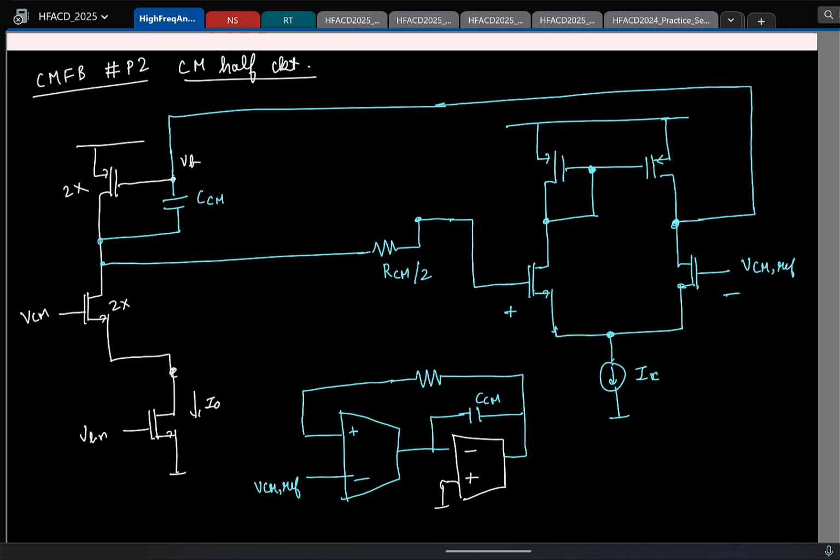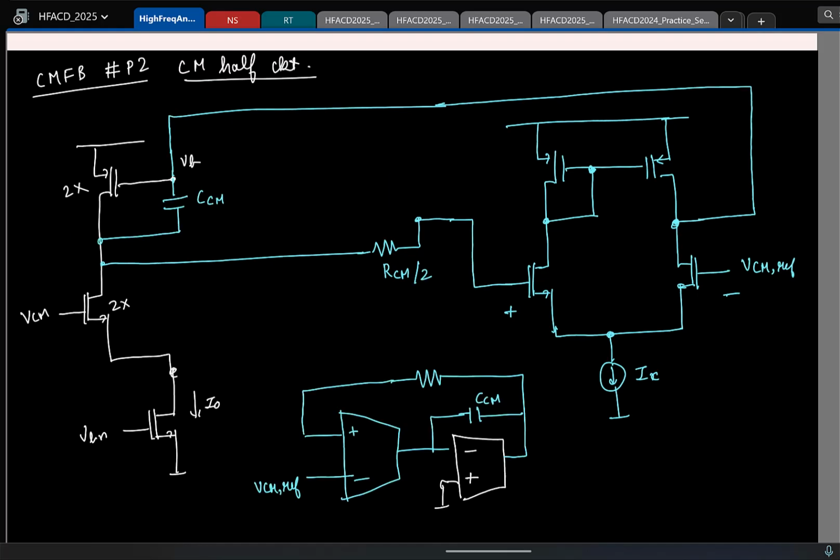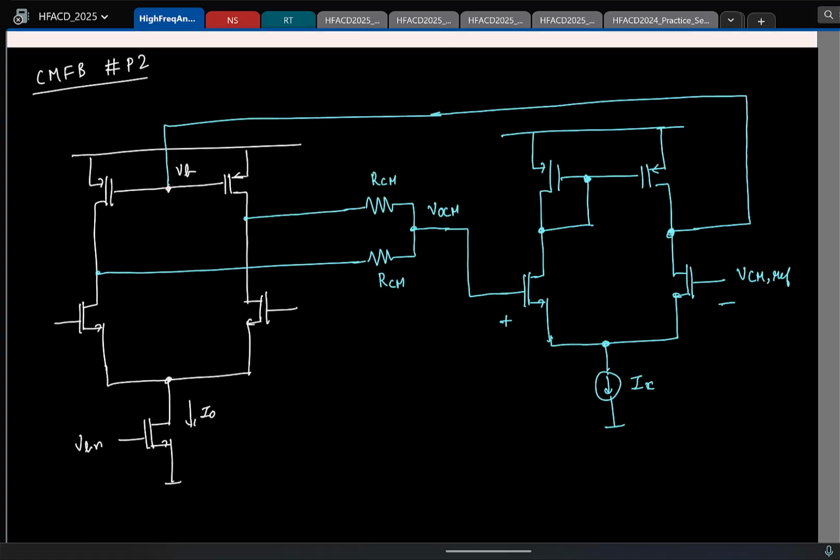So this is in the common mode half circuit. The capacitor should get put across the 2 times PMOS. Now in the actual circuit where I have 2 PMOS transistors, how will the capacitor come now? In the half circuit, I have a single capacitor CCM put across the 2 PMOS in parallel. In the actual circuit, how will the capacitor be put now?